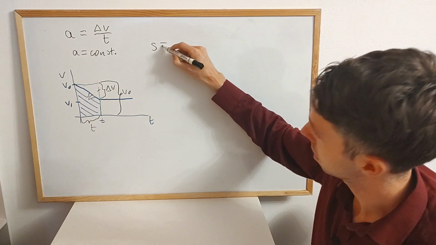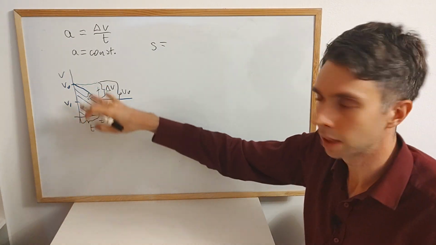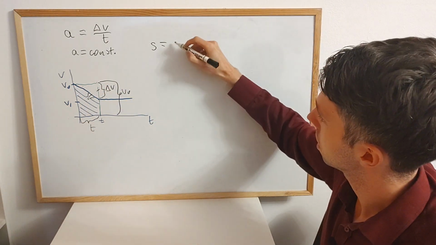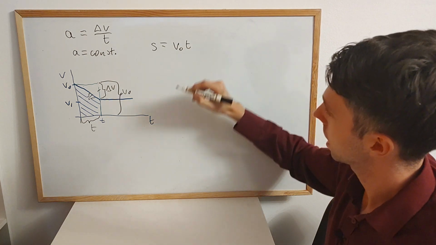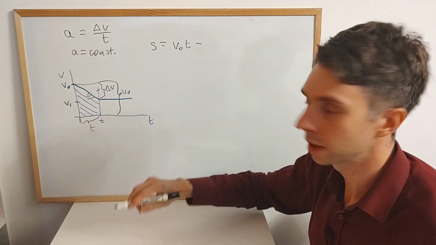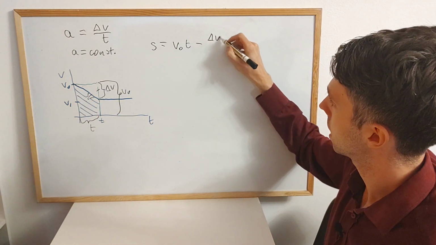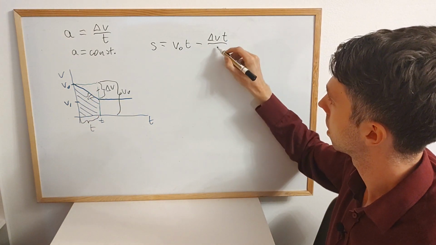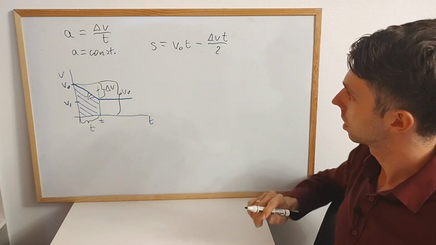So distance, area of the rectangle, so this is v0 times t minus area of little triangle, so delta v times t over 2.